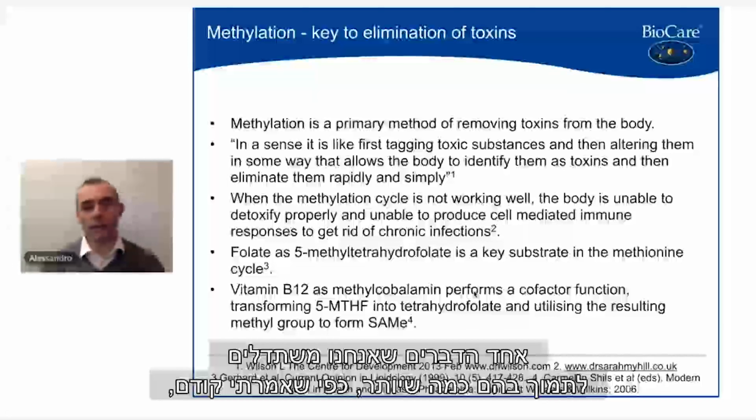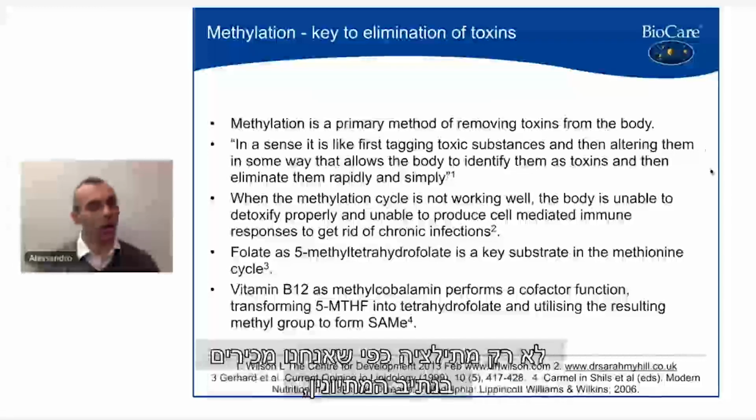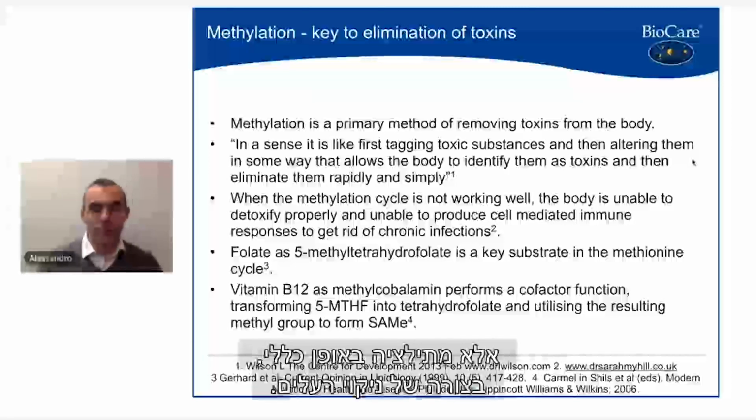So one of the things that we try to support as best we can, as I mentioned earlier, is methylation. It is a primary method for removing toxins, not only methylation as we know in the methionine pathway, but methylation in general, even as a form of detoxification.